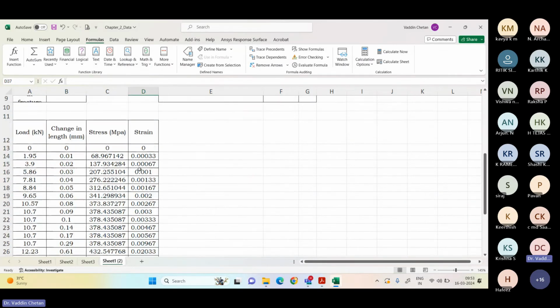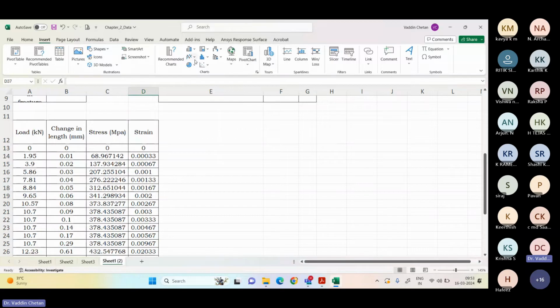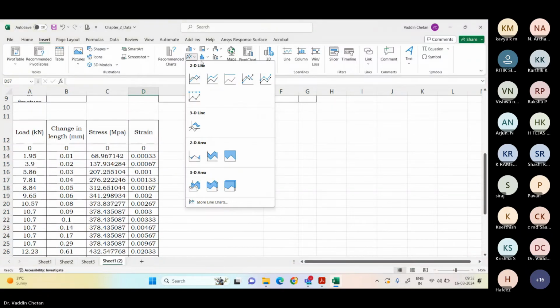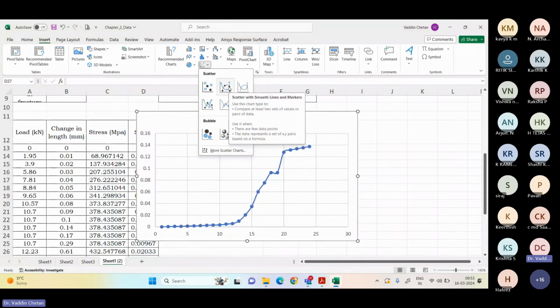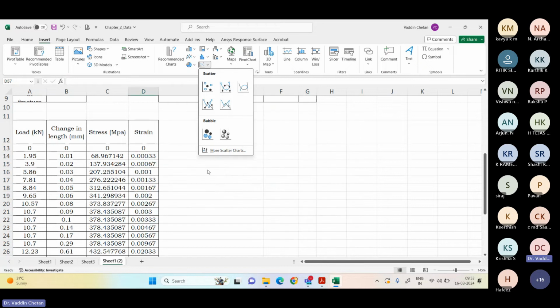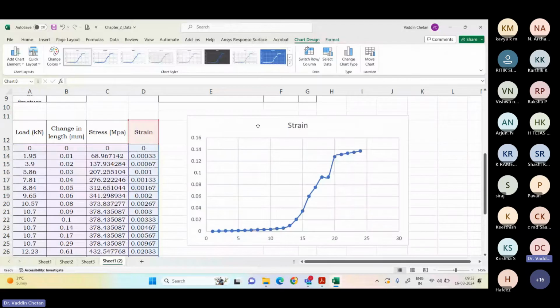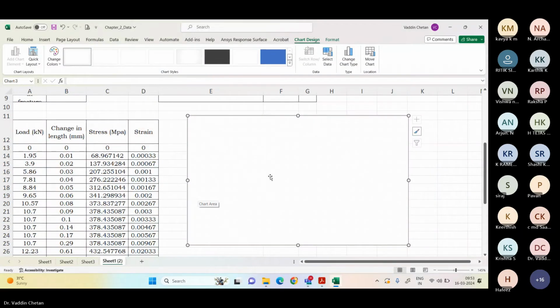Once we calculate the stress and strain, let's plot the stress strain curve. I'll go to Insert, then Chart, and choose the scatter plot, scatter with smooth lines. When you select that, some chart will come by default. You delete that, you don't need it.